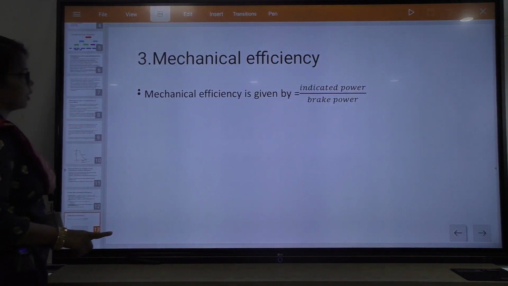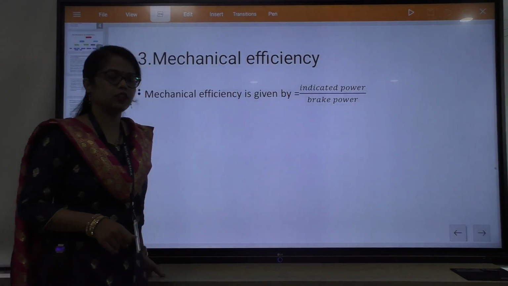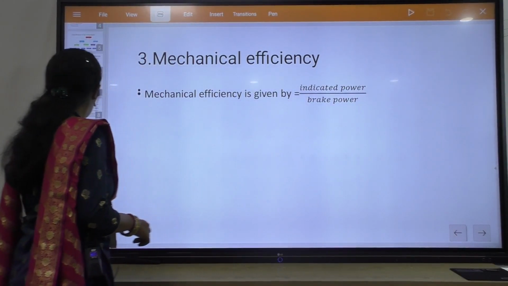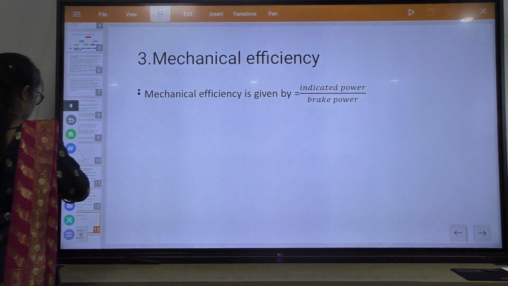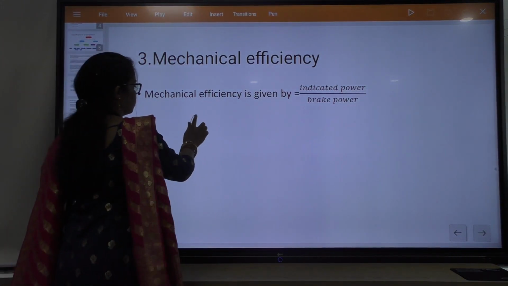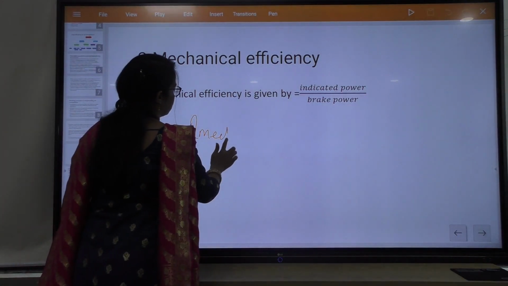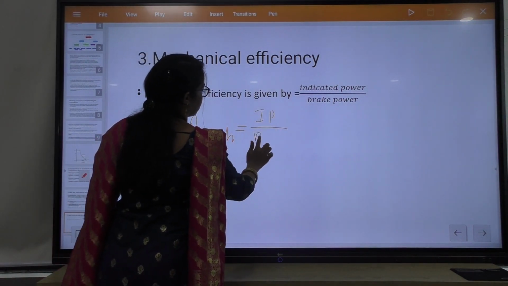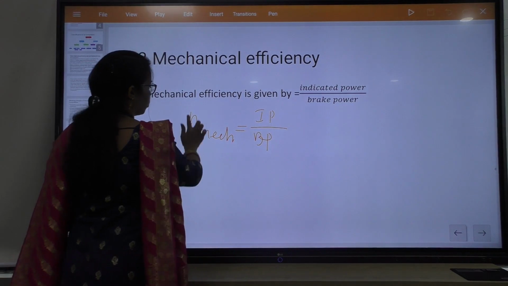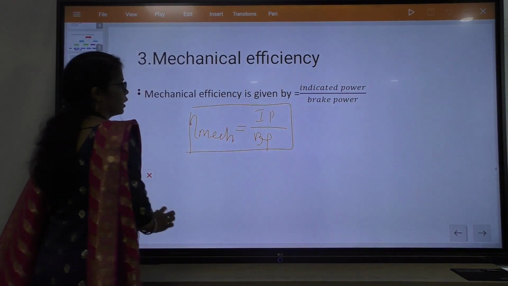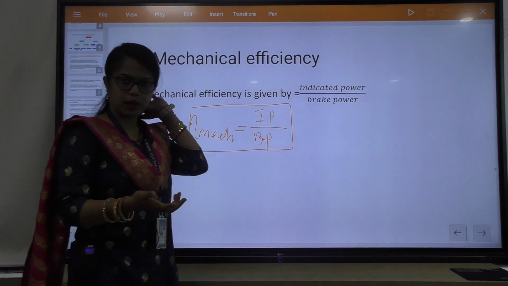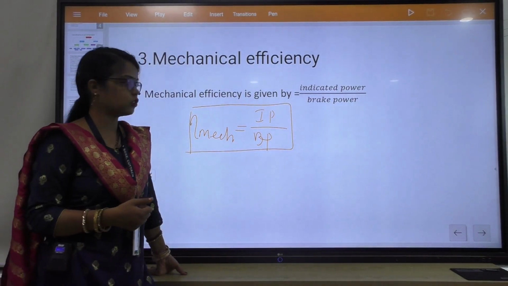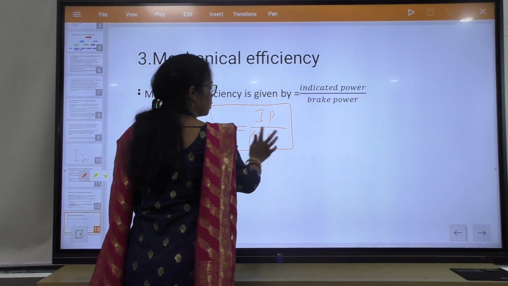Coming to the efficiency part, the mechanical efficiency of the air compressor. Mechanical efficiency is equal to indicated power divided by brake power, because when calculating mechanical efficiency it is output divided by input, and in this air compressor case the input is the brake power.